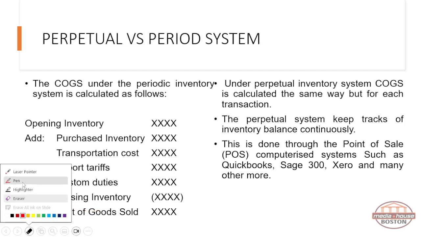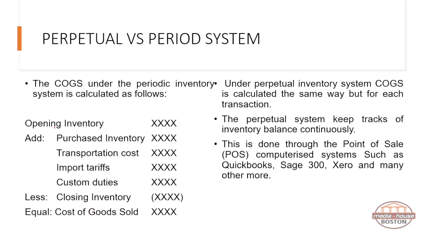Cost of goods sold will be made up of the opening inventory you had, plus any inventory that was purchased, plus the transportation cost that you spend when you bring the inventory from the supplier to your warehouse or to your store, plus the import tariff if you imported from outside the country, and custom duties as well. So all of these added together give you the cost of purchasing, or cost of product, of an inventory.